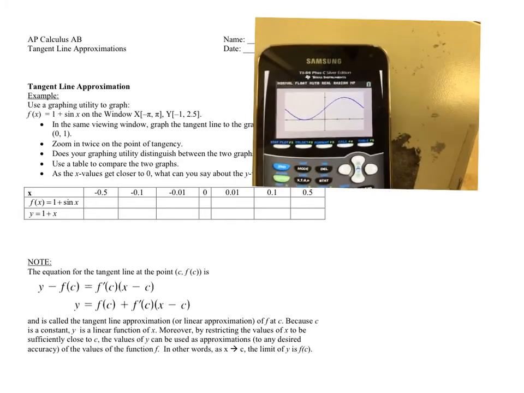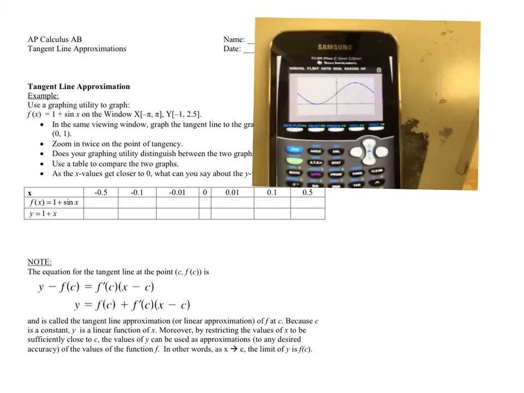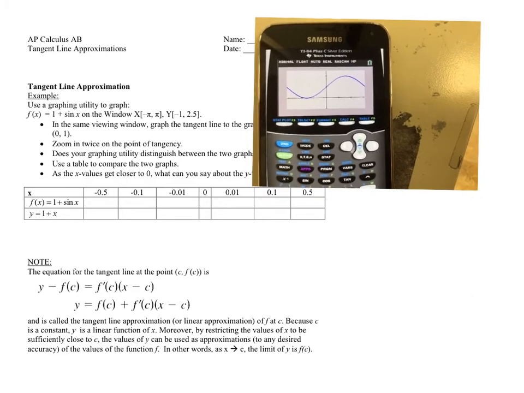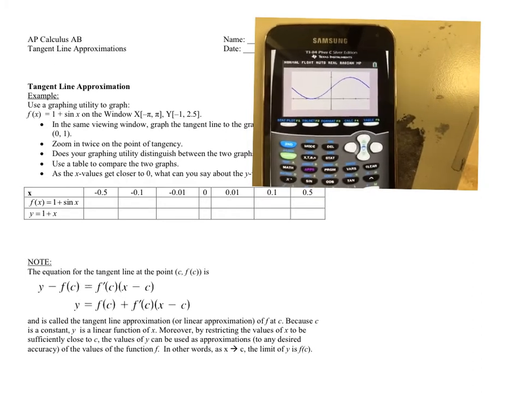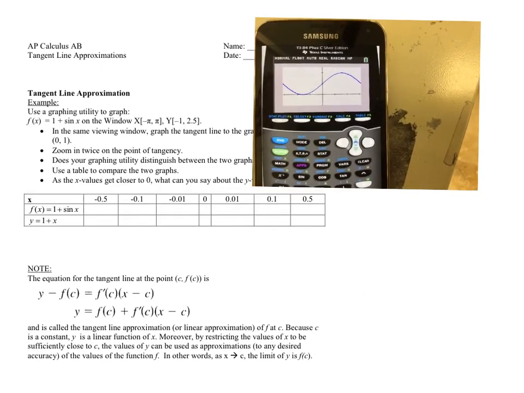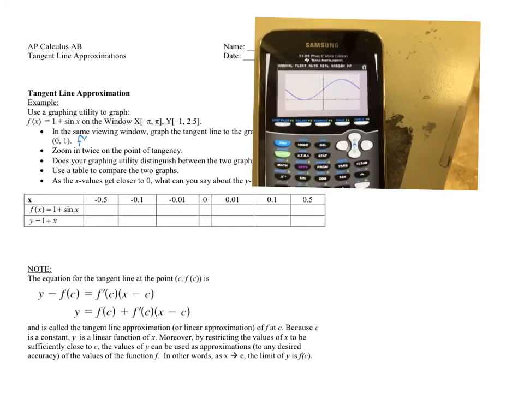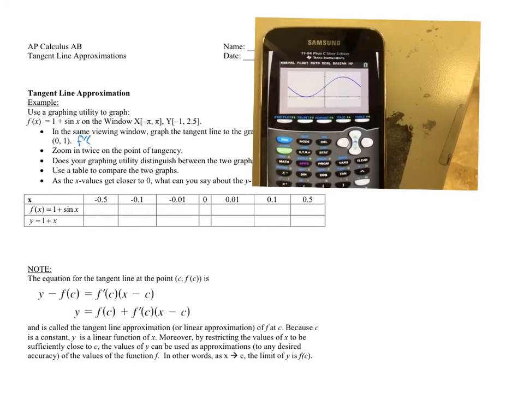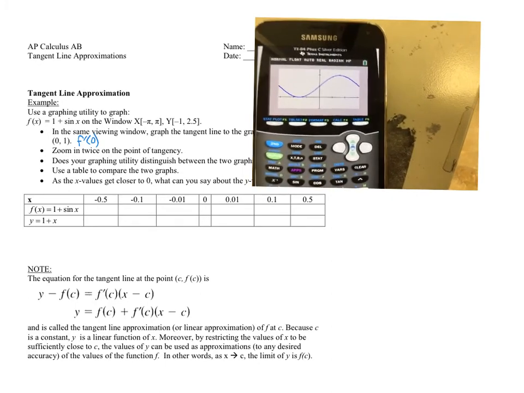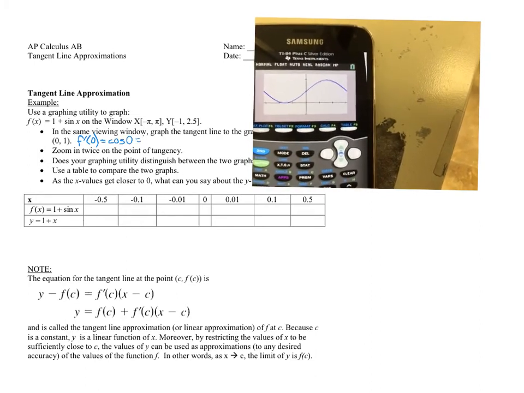Notice it also says we want to graph the tangent line. Well, the tangent line is going to have a slope of 1 because the derivative of f of x is cosine. So f prime of 0, we want it to hit that tangent point 0, 1. f prime of 0 is cosine of 0, which is 1.